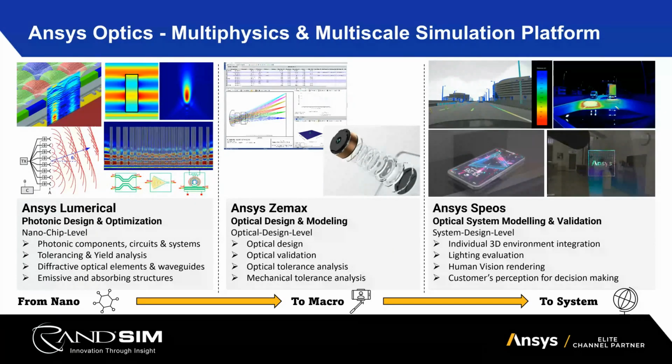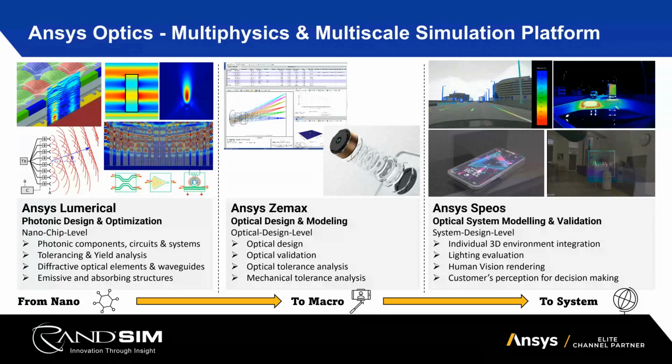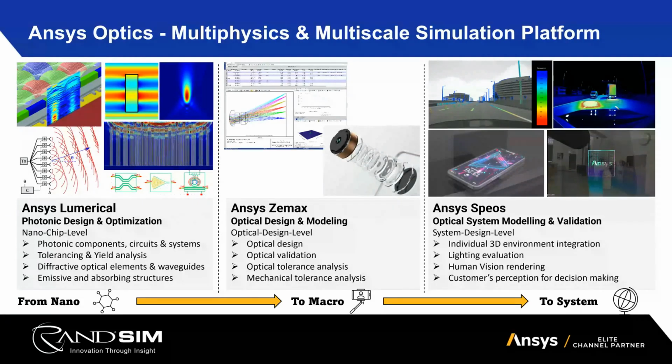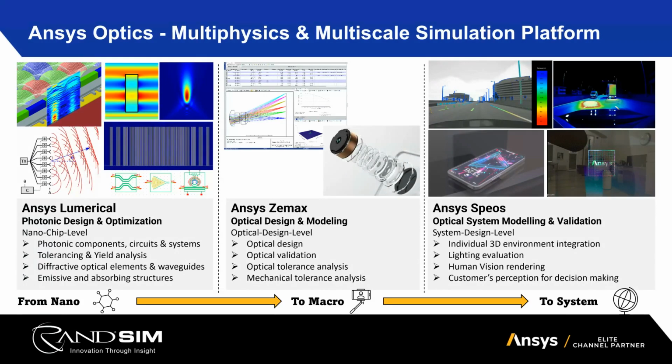Then in the center, we have Ansys Zemax. This is our tried and true optical software, typically where we're seeing camera designs, telescopes, microscopes, anything lens stack wise. Most people know and love Zemax for that. Moving from there into SPEOS, it is known as our system level or environmental level light simulation software.